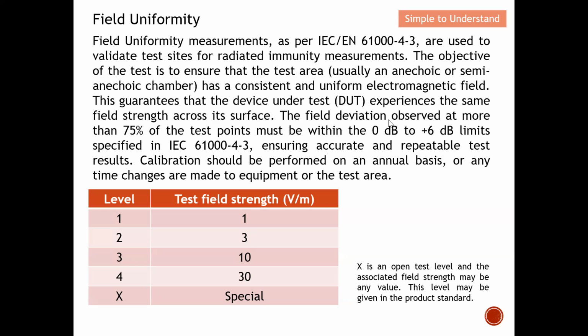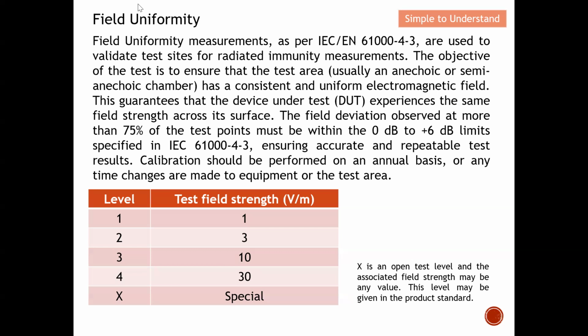The field deviation observed at more than 75% of the test points must be within the 0 dB to 6 dB limits as specified in IEC 61000-4-3. This ensures accurate and repeatable test results. Calibration should be performed on an annual basis, or any time changes are made to the equipment or the test area.